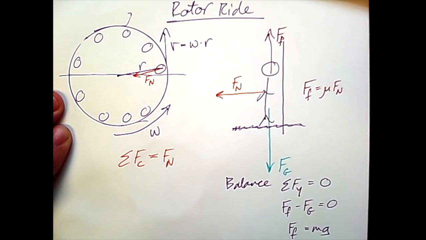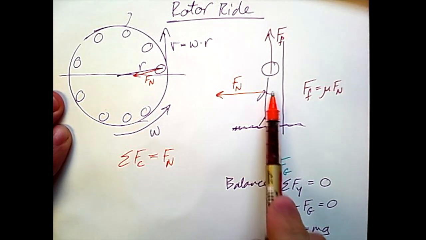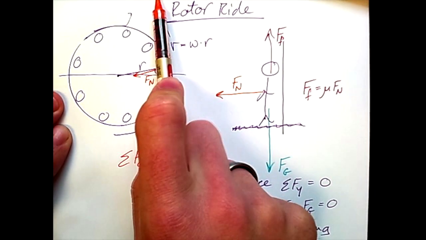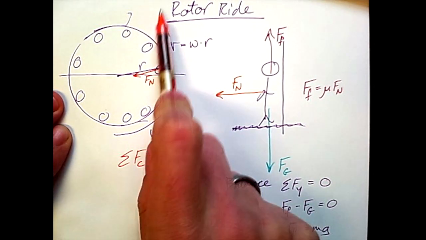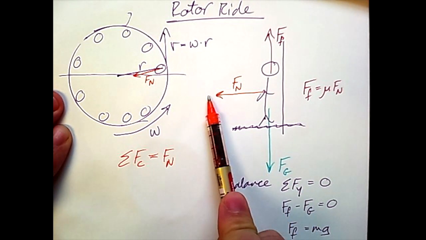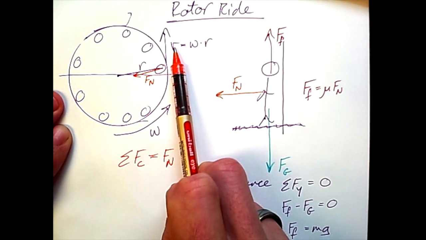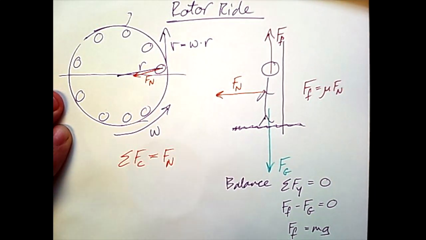Although it feels as though there is to the rider. Remember that that feeling is simply the inertia of the momentum causing you to want to fly off the ride. And so as you go to fly off, the wall pushes against you, which prevents you from falling off. That gives you the impression of being stuck to the wall, but you're not, right? You're actually being thrown against it with some velocity.